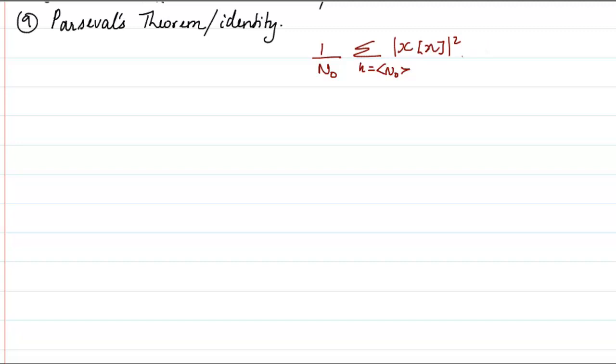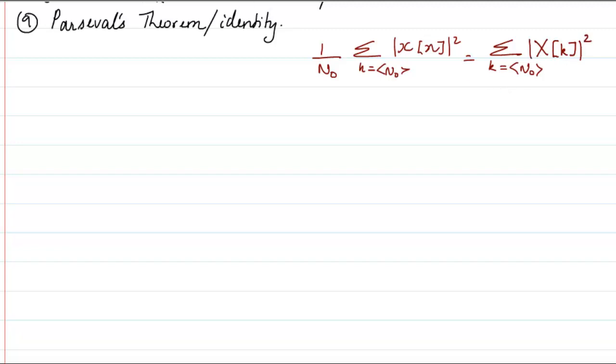And what Parseval's theorem says is that if you try to take the energy of X of k, that means the DTFS, that would also become the same. So it will be by just taking the summation within the limit n naught of magnitude of capital X of k square. That is Parseval's theorem.